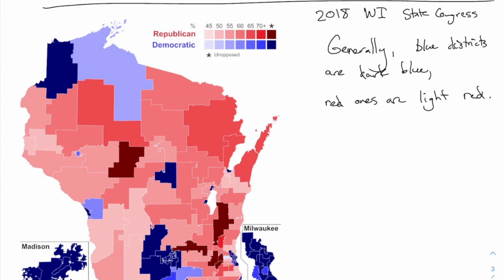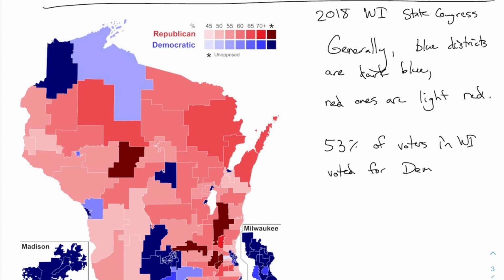All right. And if you look at the numbers here, I will tell you some statistics. In 2018, 53% of voters in Wisconsin voted for Democrats.